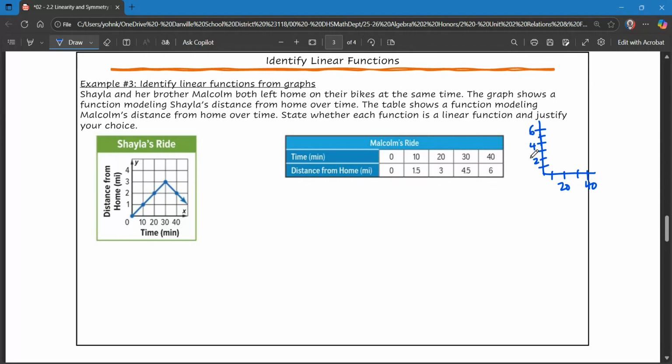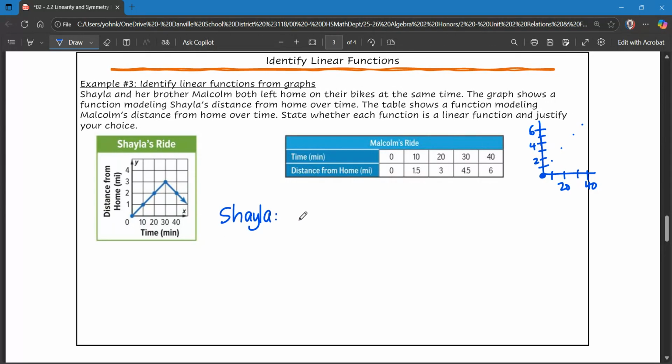Okay, so 0 and 0, 10 and 1.5, 20 and 3, 30 and 4.5, 40 and 6. Well, it looks like Malcolm just keeps getting farther and farther away from home. Shayla turned back around. So it looks like Malcolm's going to need a ride home.